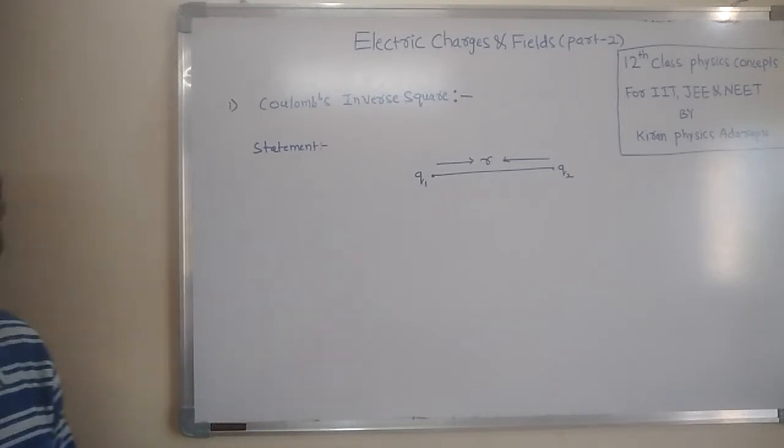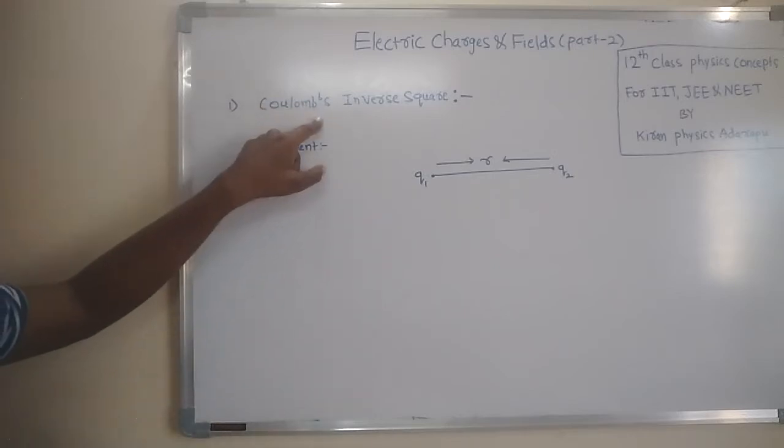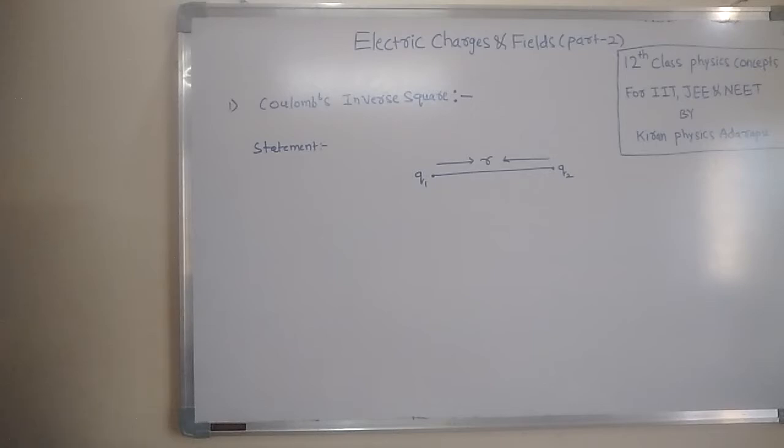This force of attraction or repulsion between any two charges is called the electric force. Based on Coulomb's inverse square law, we have to construct the expression for electric force.